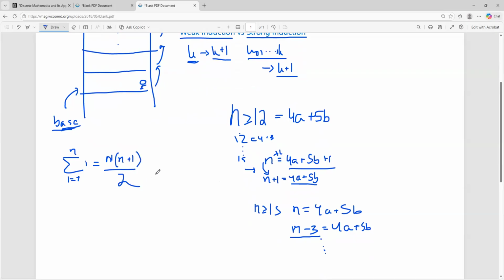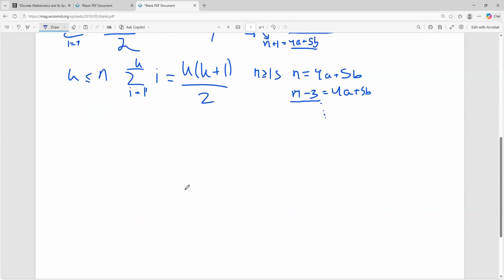over 2. Well, what we could do is I could say, assume that for some k less than or equal to n, the sum from i equals 1 to k of i is equal to k times k plus 1 over 2. So I want to prove k plus 1.